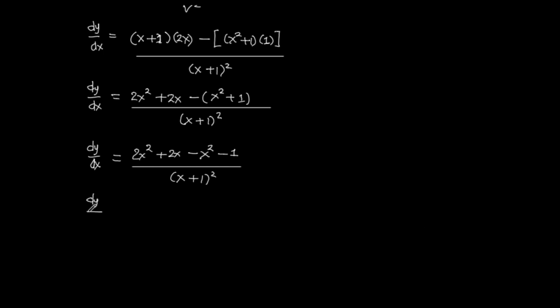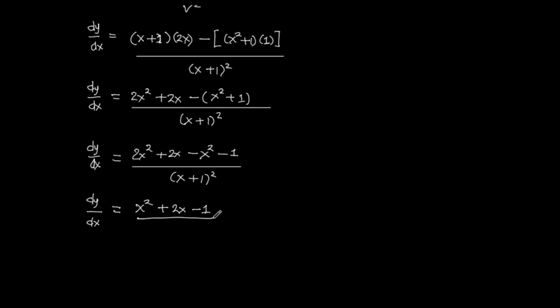Still our left hand side, we can copy it as dy by dx equals to, now let's simplify the leading terms here. So 2x squared minus x squared, we get x squared, and then 2x is only 1, so we say plus 2x and then minus 1.